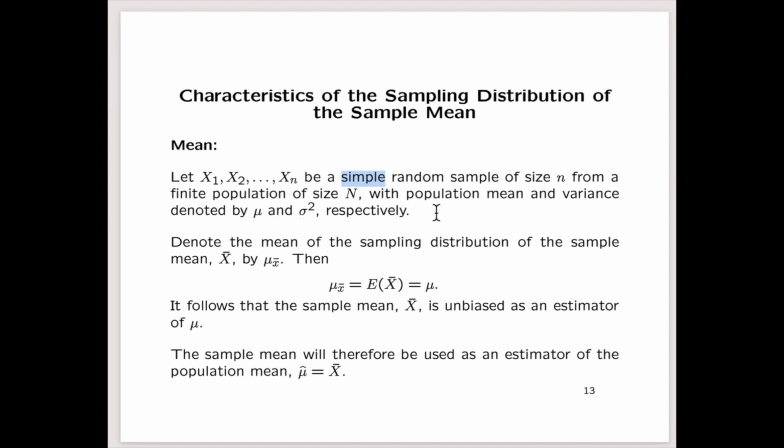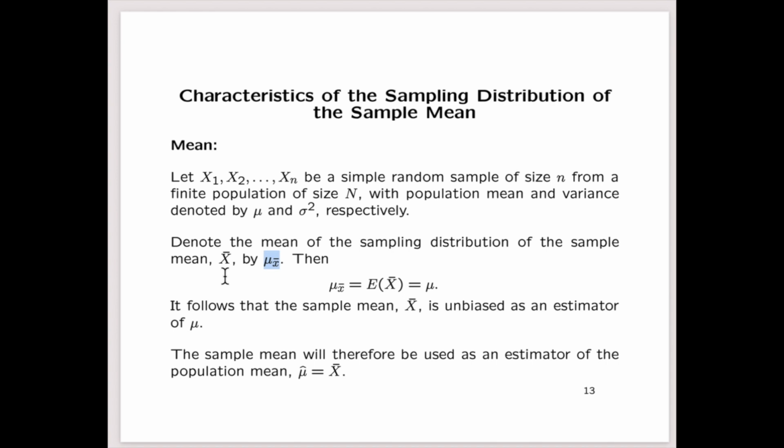Now, denote the mean of the sampling distribution of the sample mean by mu sub x bar. x bar is the sample mean. It is a statistic, it's a random variable, and it has a probability distribution. That probability distribution is called its sampling distribution. That sampling distribution has characteristics just like any other population or distribution. In particular, it has a mean.